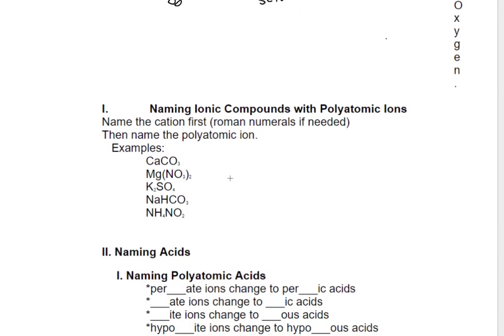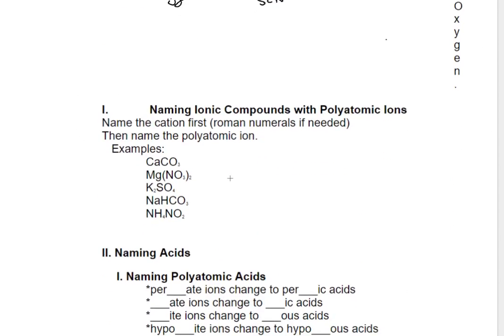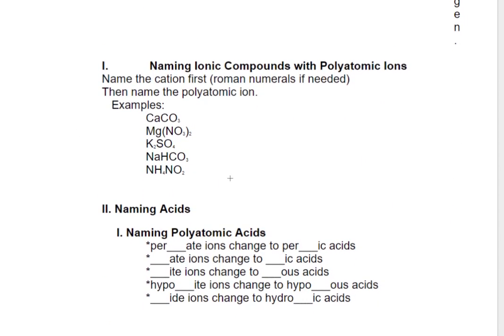In order to name acids, we have to know how to use these polyatomic ions to name some ionic things. Because an acid is like an ionic compound where we have ions combining, but instead of a metal bonding to the nonmetals, it's going to be hydrogen, the hydrogen ion bonding with those nonmetals.